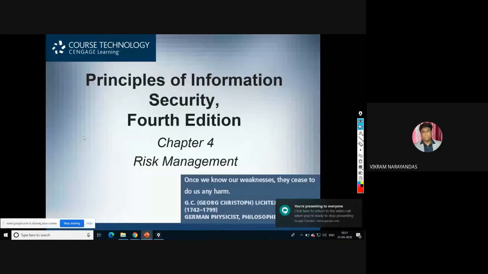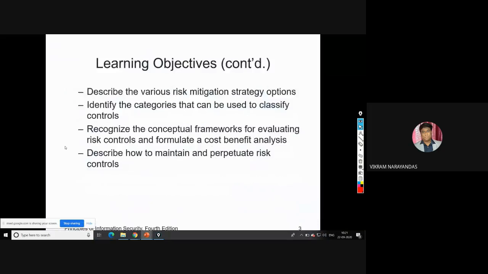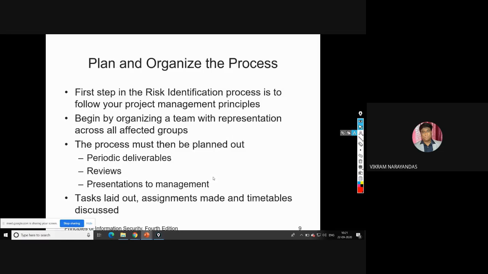In the previous class, we discussed some concepts in risk management. So what is risk identification? What are the components of risk identification? It may be people, procedures, data, software, and hardware, and some plans and organized processes, periodic deliverables, reviews, and presentations to the management.